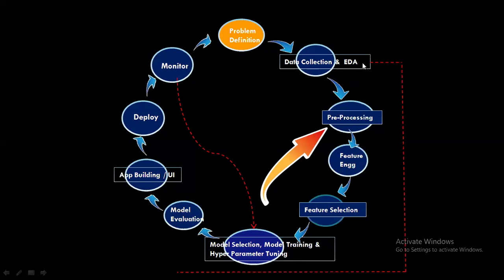Once you have collected the data, explore the data and see what patterns you can find. Also find out whether there are any issues with the existing data in terms of missing values, or whether you have any redundant features. Features are nothing but columns. In the machine learning world, we call the columns features.